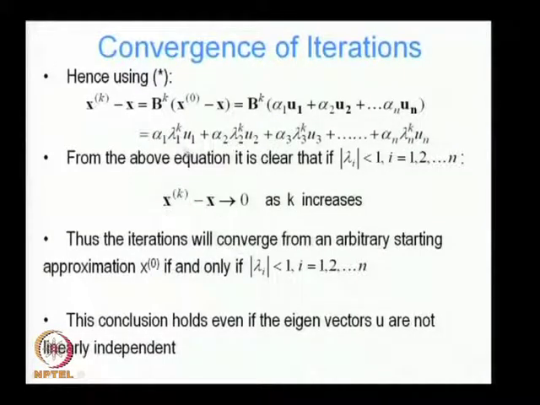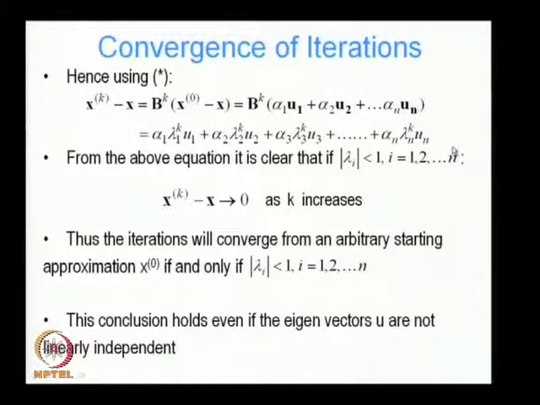From the above equation, it is clear that if we can ensure that each of my eigenvalues has modulus less than 1, in that case this term is going to go to 0 as k increases. So, each of these lambdas is less than 1, then as k increases, since this is lambda 1 to the power k, lambda 2 to the power k, the right hand side is going to go to 0.